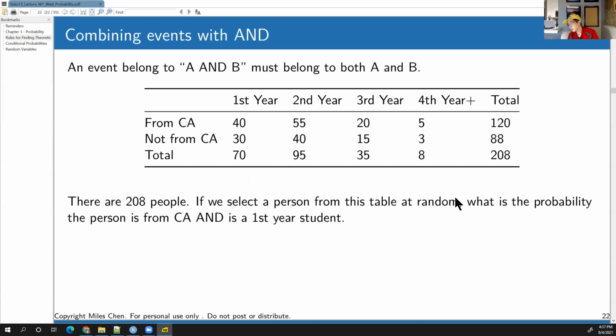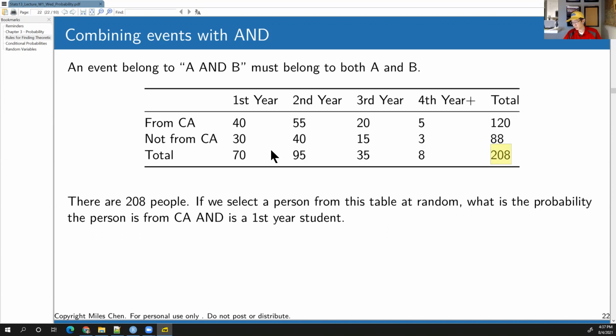All right, and so here is a table. This is what we actually call a two-way table, because we're looking at two variables here. One is whether students are first year, second year, third year, or fourth year in school. And the other is whether the student is from California or not from California. I completely made up this information. And so we're going to say we've got 208 students, and this is the breakdown.